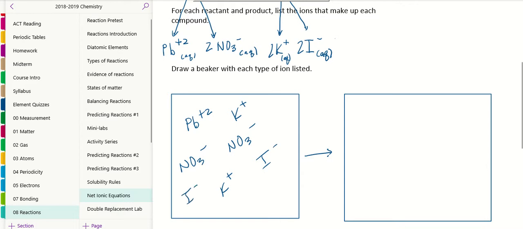Now, if all these ions are floating around the solution, what do they have the opportunity to do? They can bond, but they have to interact. So if you have them all in the same solution and they're all interacting, this Pb plus 2 is able to interact with 2 I minuses.